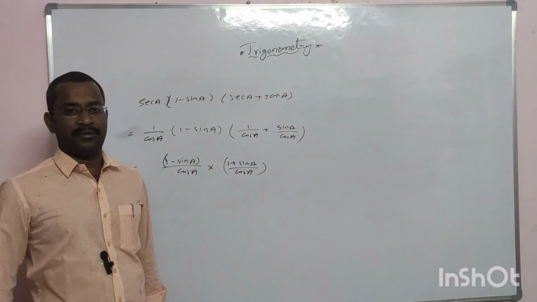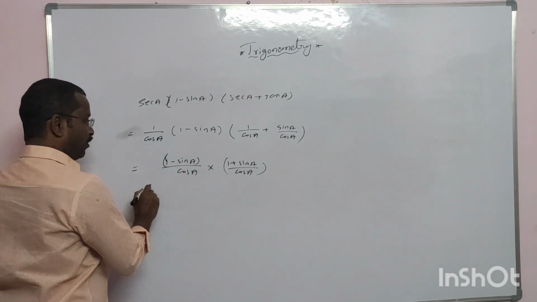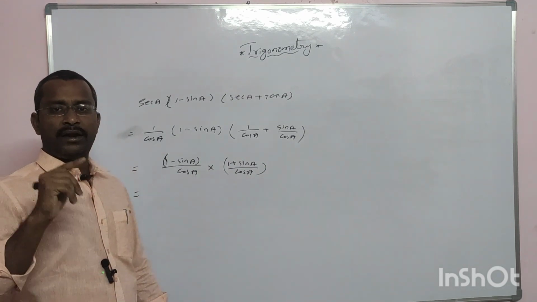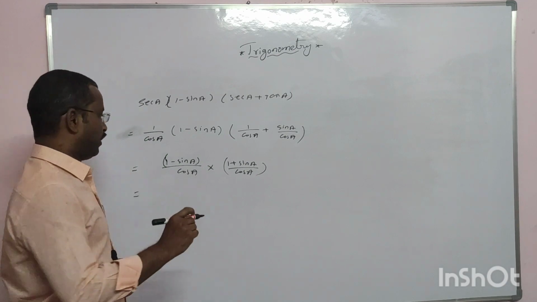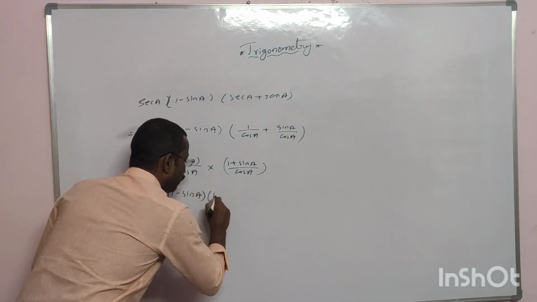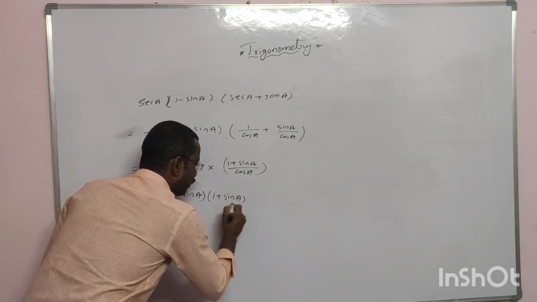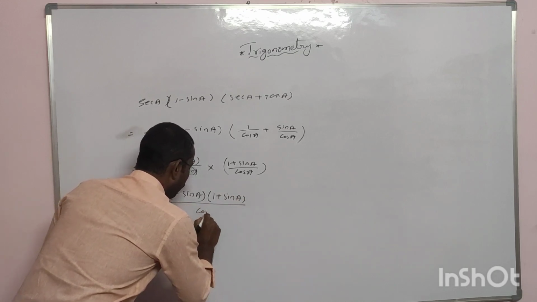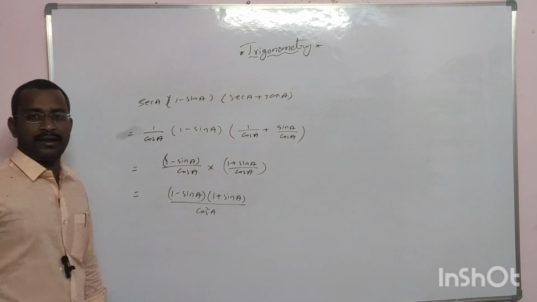Because the denominators are same. Now, when two fractions are there, numerator into numerator, denominator into denominator. What is numerator into numerator? 1 minus sin A into 1 plus sin A by cos square A.